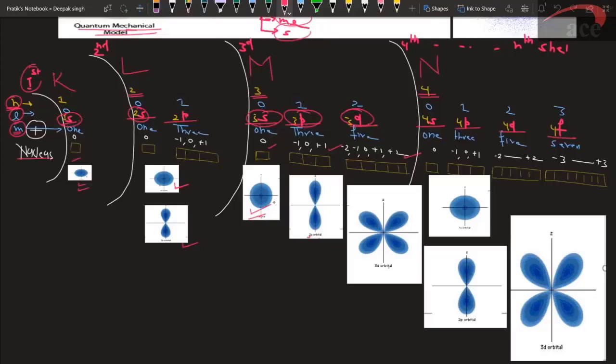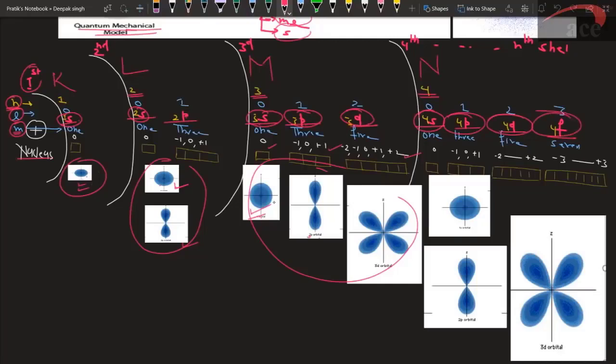So this shell consists of only the s orbital, this shell consists of s and p orbitals, and this shell consists of s, p and d orbitals. The fourth shell consists of 4s, 4p, 4d and 4f.